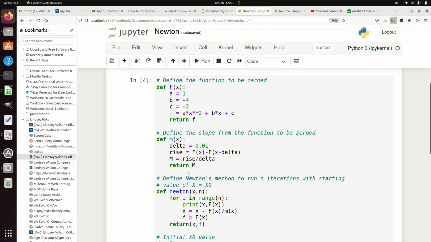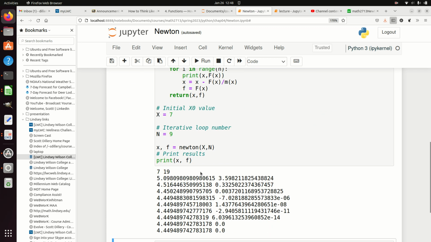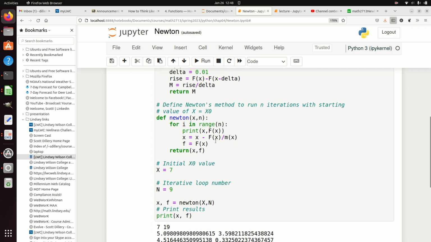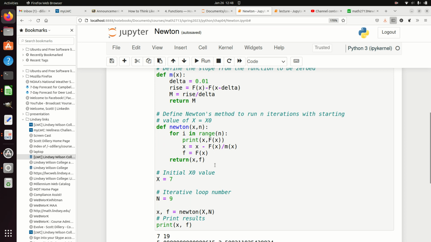You can talk about this method because we're approximating the slope there with 2 points really close together, and that's a pretty nice algorithm, and works pretty well. But again, it doesn't always work, and I'll give you some homework to see that it doesn't always work. All right, so there's Newton's method.